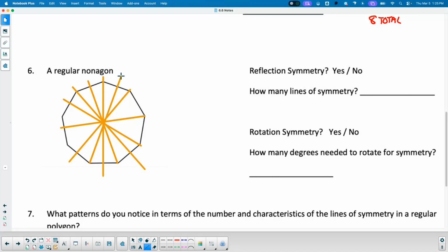I feel like I'm missing one. This one. Nine of them. Rotational symmetry. Yep. How much? 40. 40.